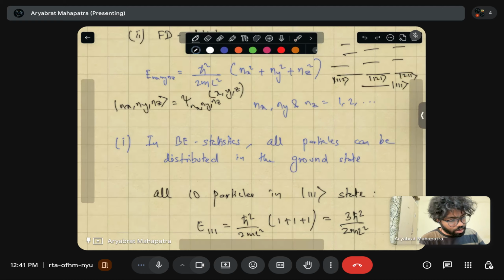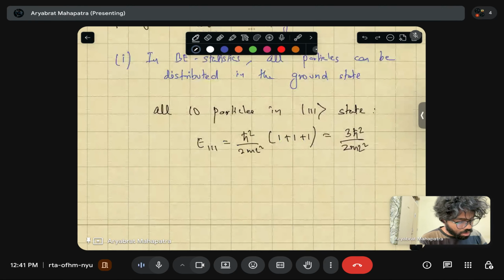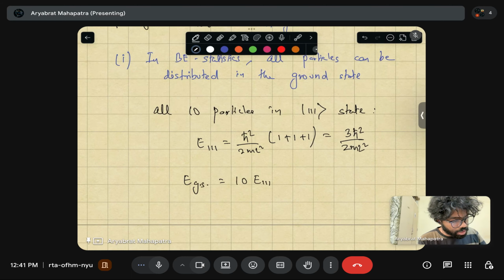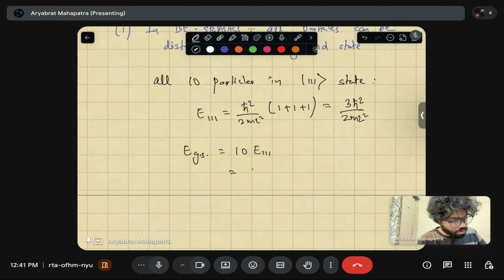So your ground state becomes 10 times E111, that is 15 ħ² over ml². So that is your ground state.